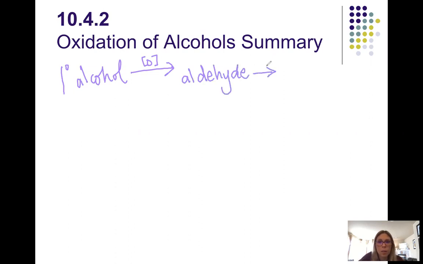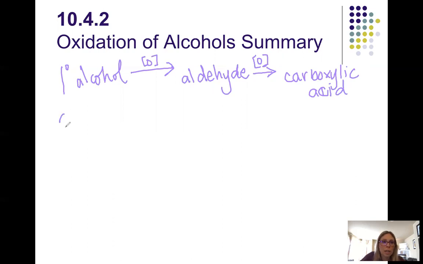And then if we go ahead and continue oxidizing it, then that can convert into carboxylic acid.